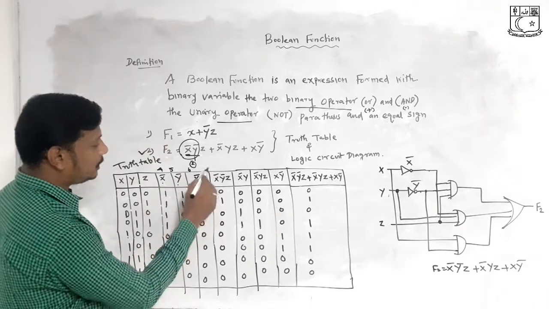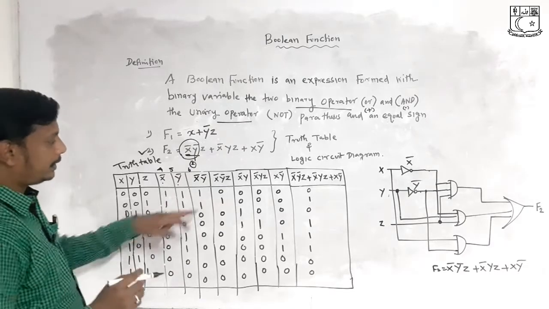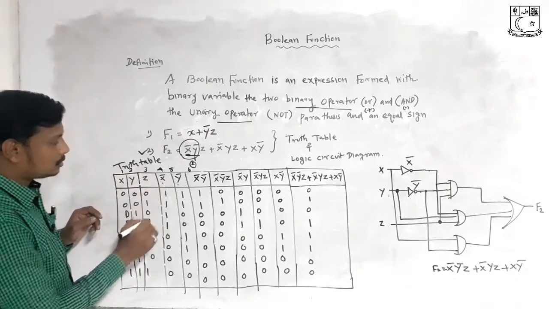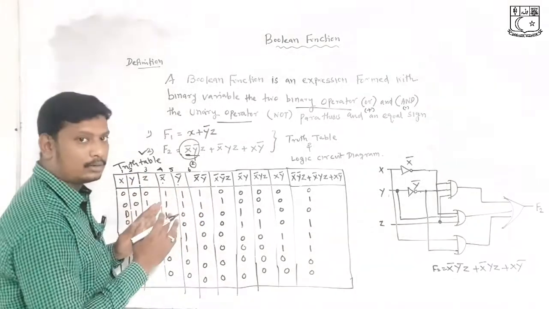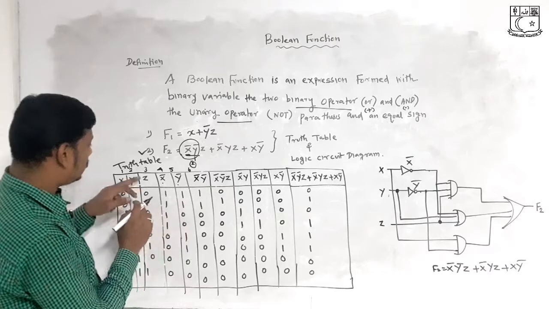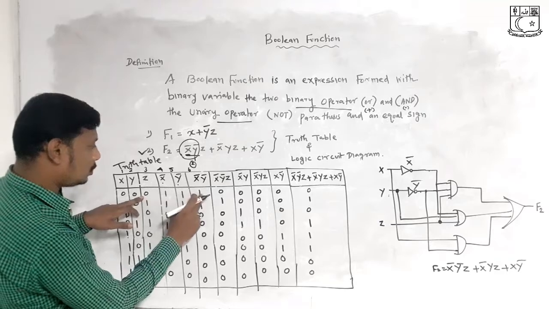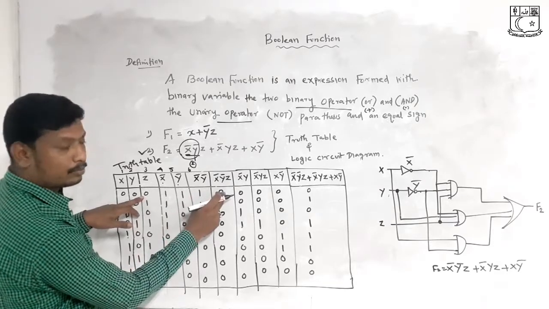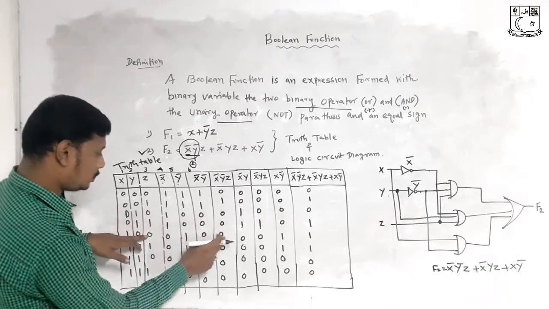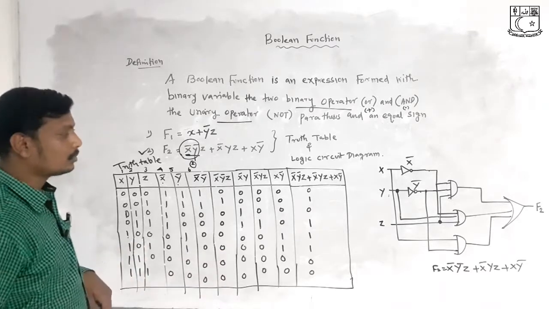Next, the simplification of x bar y bar z. The z value is available in the third column, and x bar y bar is in the sixth. 0 into 1 is 0, 1 into 1 is 1, and the rest are 0 into 0, 1 into 0, all 0.